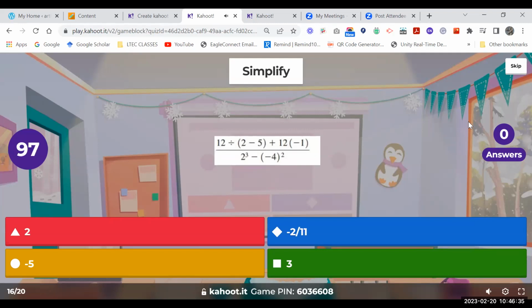I put this on, it looks bad, but once you break it down, it's not really bad. What is that, 2 to the third? 2 to the third down at the bottom. Minus -4 squared. Okay, somebody just guessed.